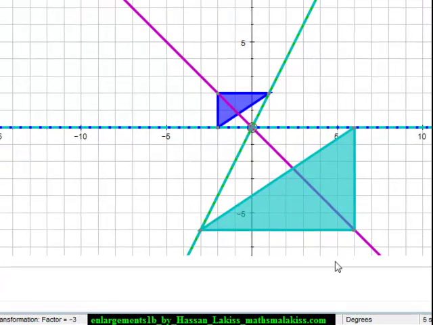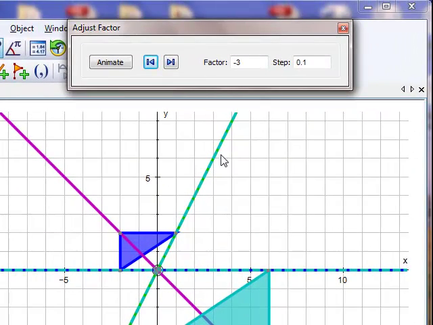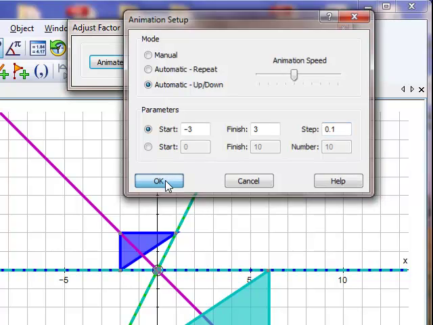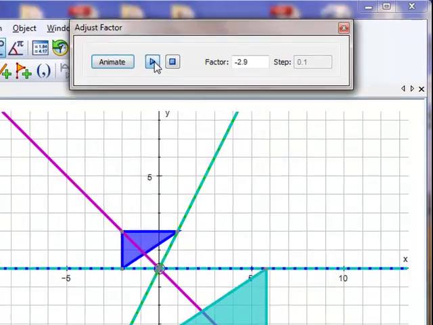Again, the lengths have been trebled. So if this length is 2, we expect that one to be 6, and it is. What about the area? That's 9 times bigger than that. It's 3 squared. With Autograph being so dynamic, you can do a further animation. We'll go from scale factor -3 to 3, in steps of 0.1. Okay, and watch it go. Just play, and there it is.